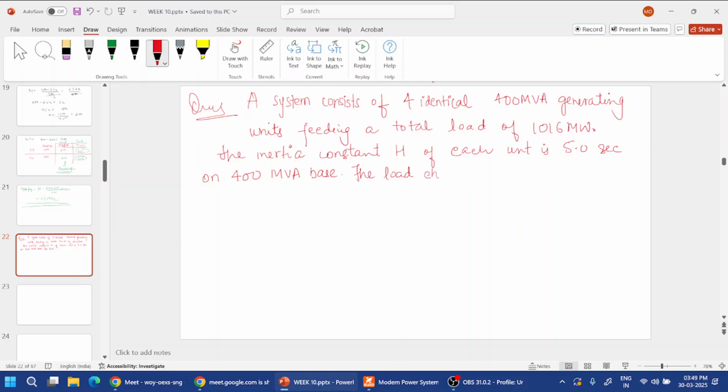The load changes by 1.5% for 1% change in frequency.